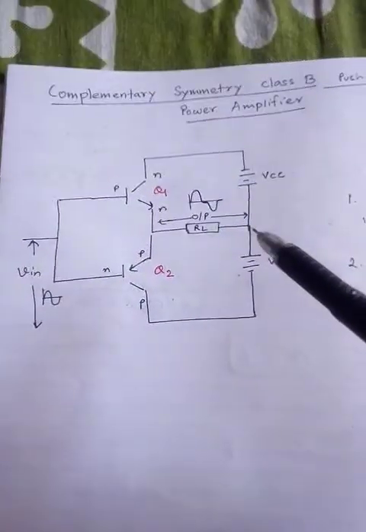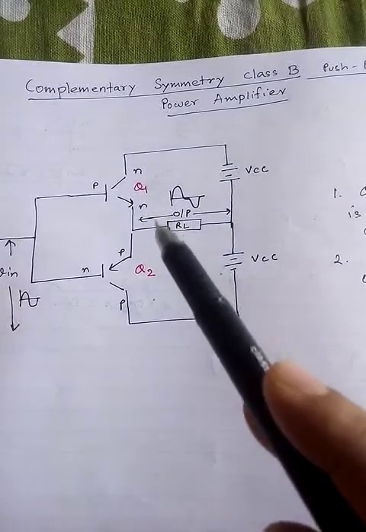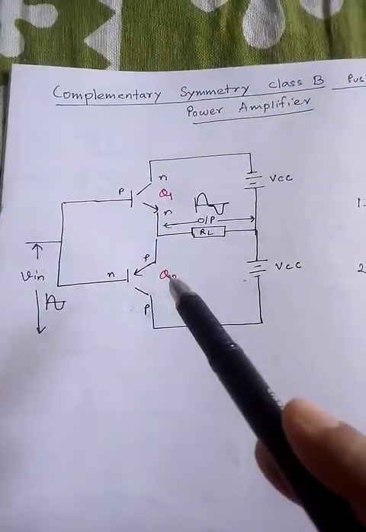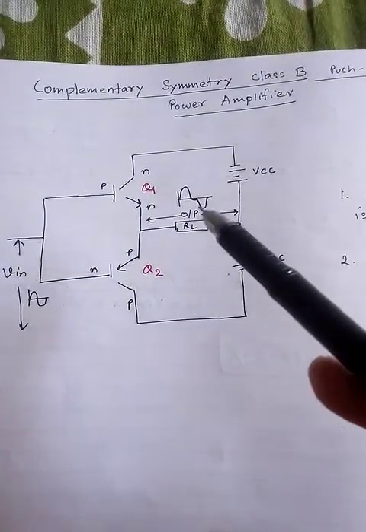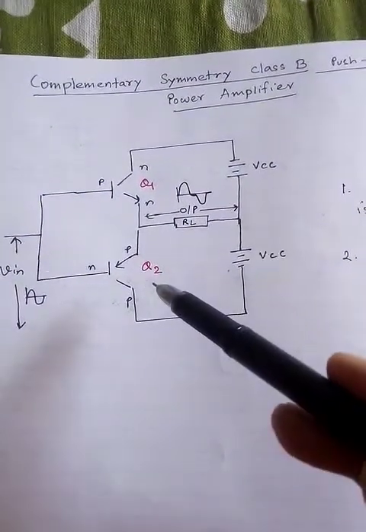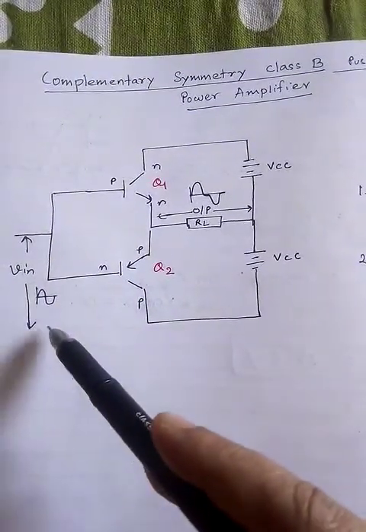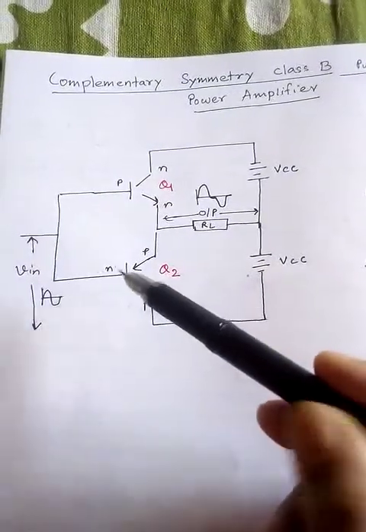Here also the same thing is done, but the important thing is that the two transistors should be the same, meaning their characteristics should be exactly the same and complementary, as they are NPN and PNP transistors. During the positive half cycle, the input is applied to the bases of the two transistors.